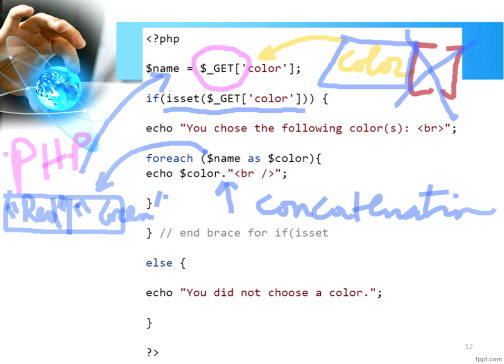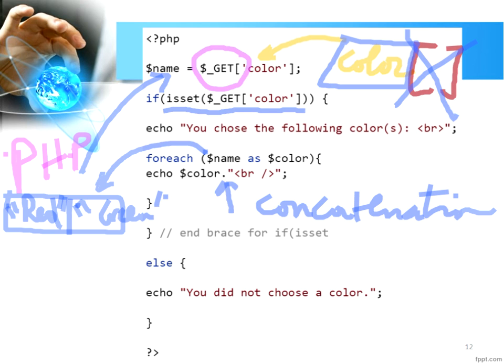In Java, for example, we use plus to concatenate two variables. In PHP, we use dot. So when I write echo $color . BR, that means I want to display the color plus BR.